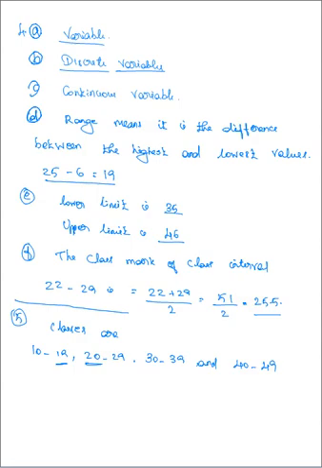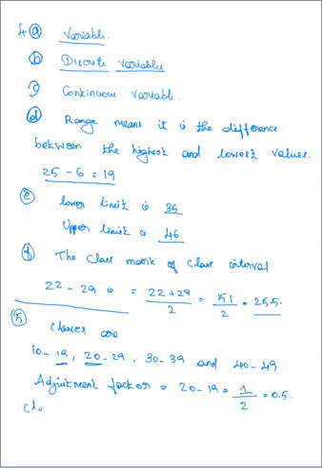Any interval you can take like that. So adjustment factor is equal to 20 minus 19, which equals 1, divided by 2, we'll get 0.5.